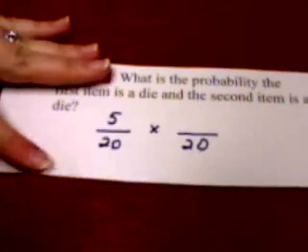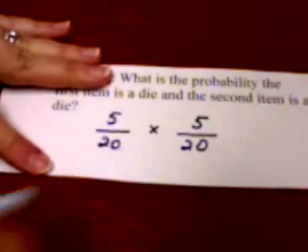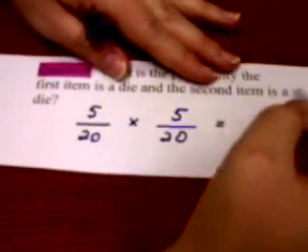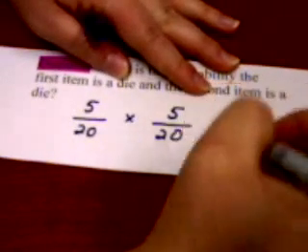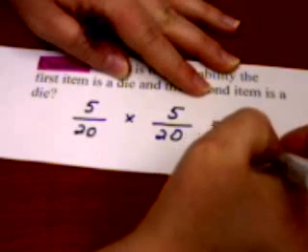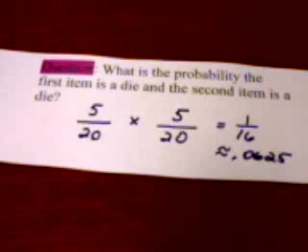And since I'm putting it back after I draw it, in my second trial, I'll still have 5 possibilities of pulling a die. So my reduced fraction this time is 1 out of 16, which is approximately 0.0625, rounded to 3 significant digits. Right, so that's that probability.